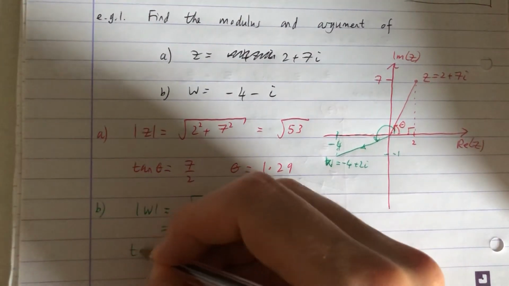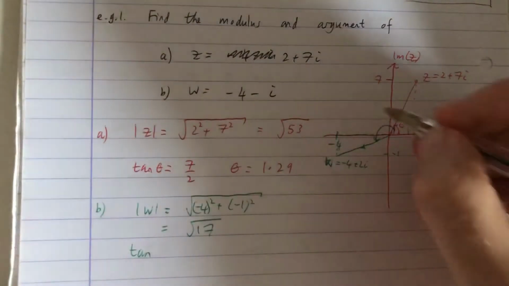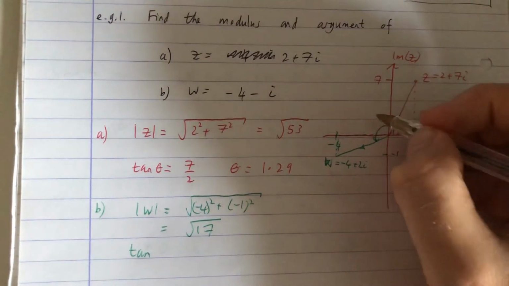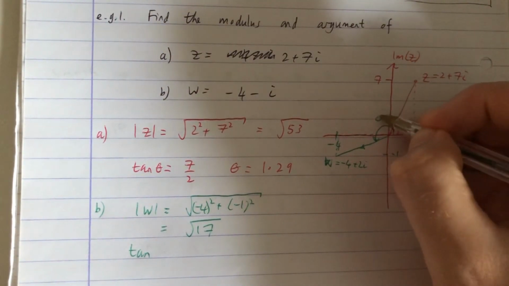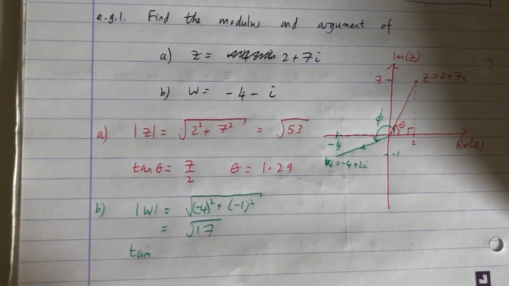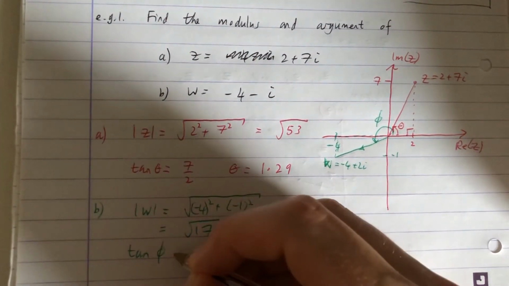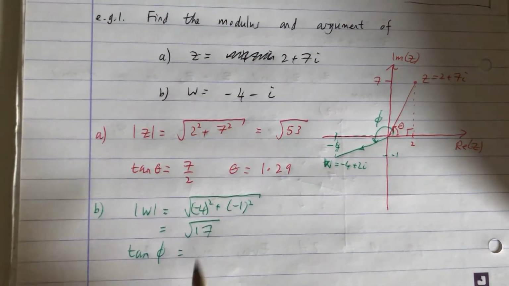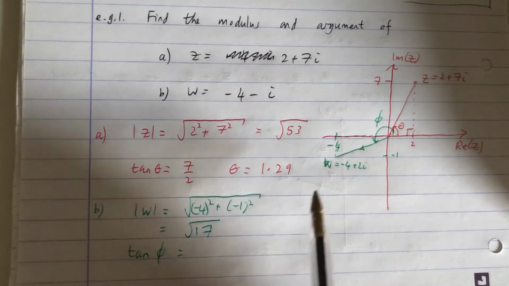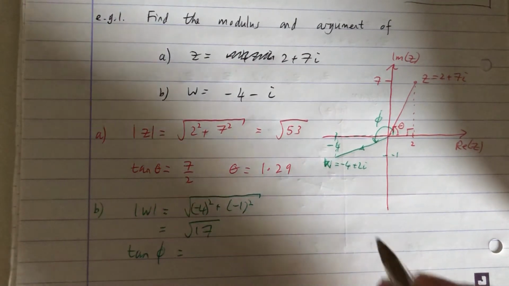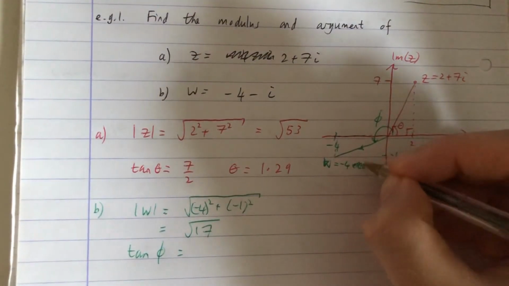So if I said tan, let's use a different letter, let's use phi. Tan phi is equal to y over x. Now what was y for this complex number? -4 minus i.